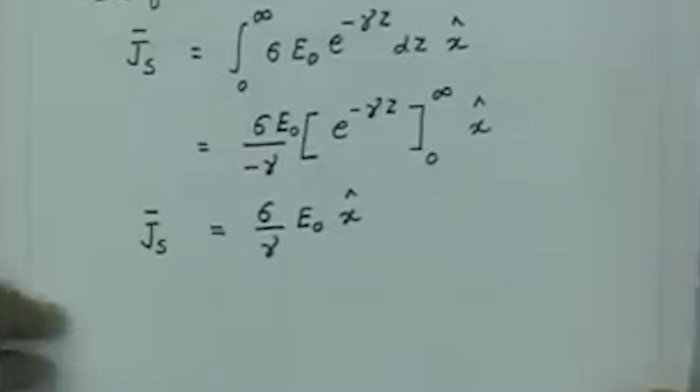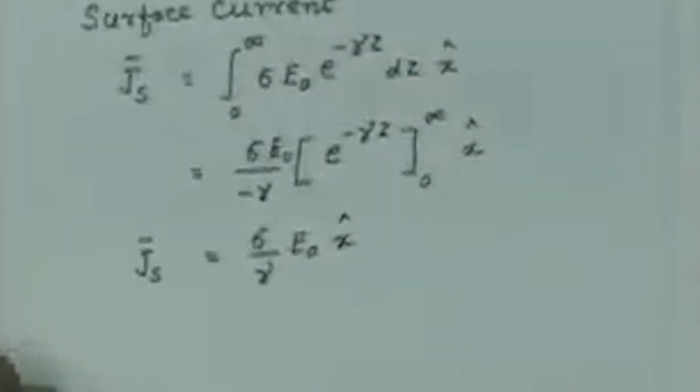Once we get this surface current, we define an important parameter for this boundary called the surface impedance, and this is very useful whenever we do power calculations on the conducting surface.